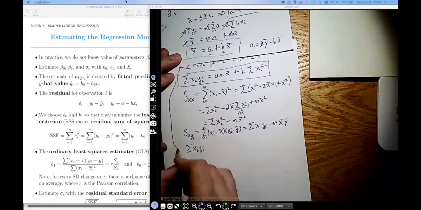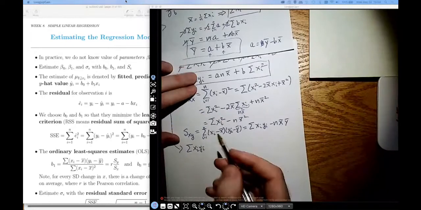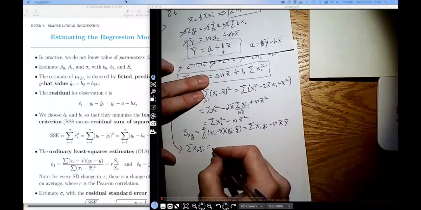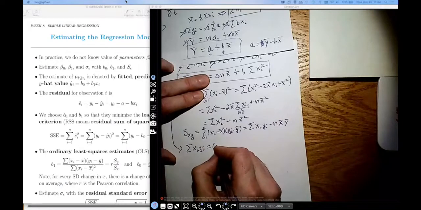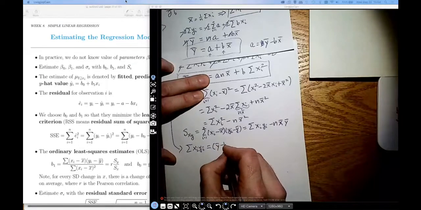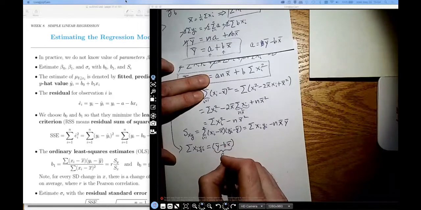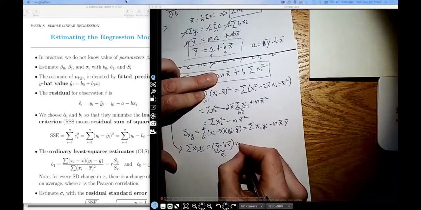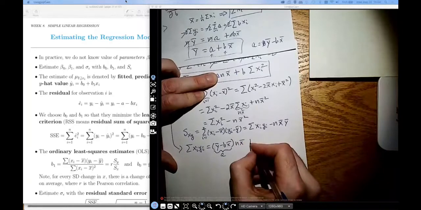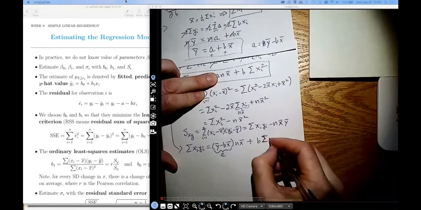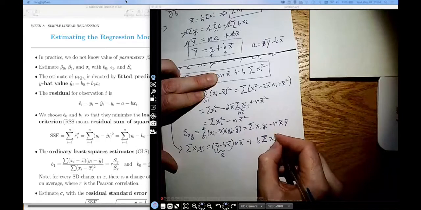I'm going to draw a little arrow saying I'm going to substitute in what I had in my first equation for what I have in that second equation. So this is going to be y bar minus b x bar, that's my a, times n times x bar, plus, well, b times the sum of my xi squareds.